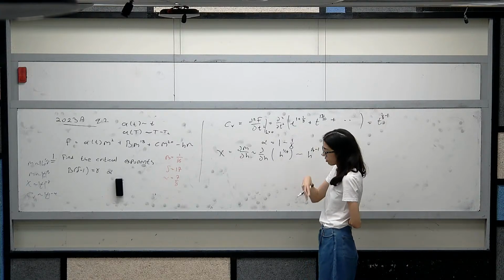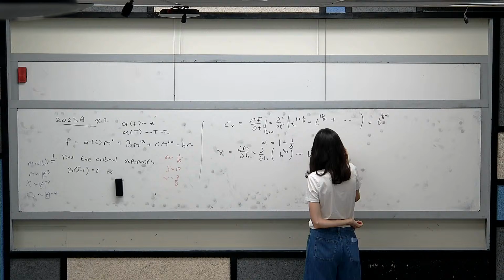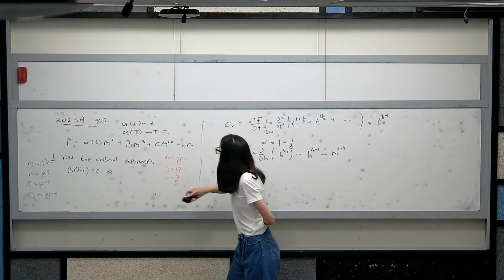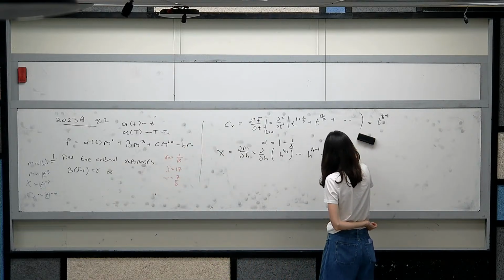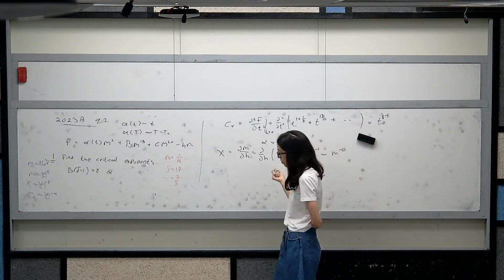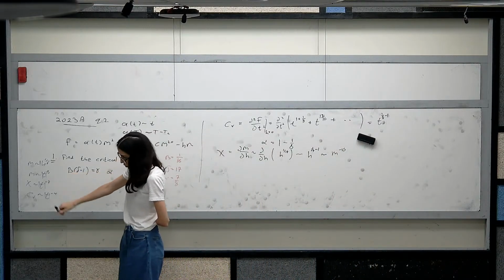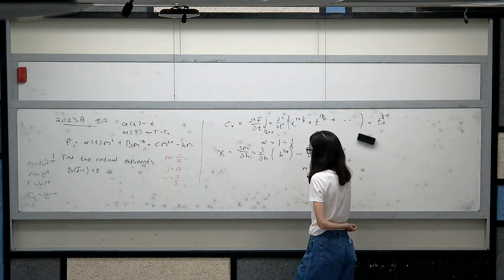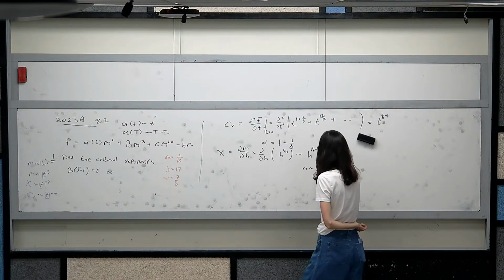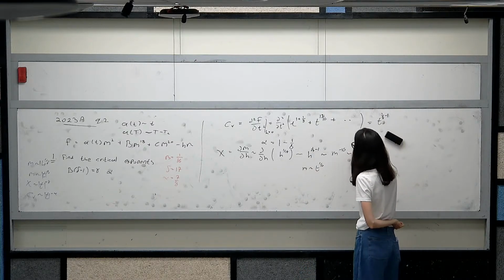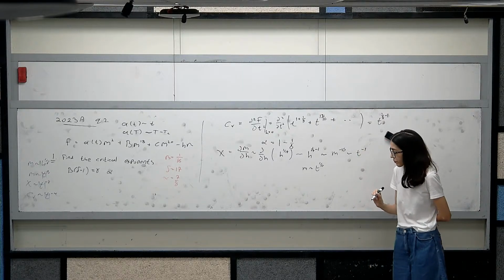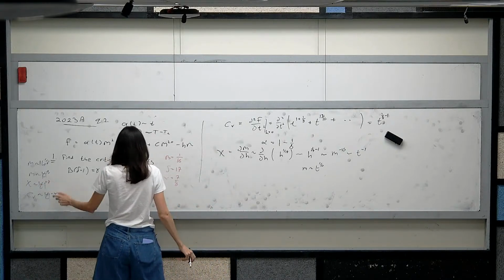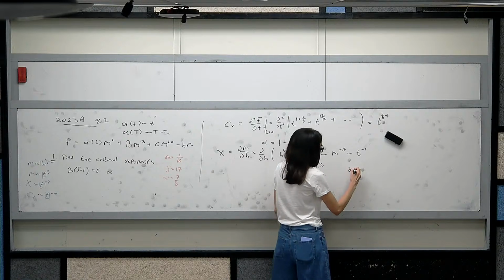And from H, let's go back to M. So this is M to 1 minus 17, minus 16. And from M, we go back to the temperature. We said that M goes like T to beta, so 1 over 16. So this is actually T to minus 1. The susceptibility goes like T to minus gamma, so that means that gamma equals 1.